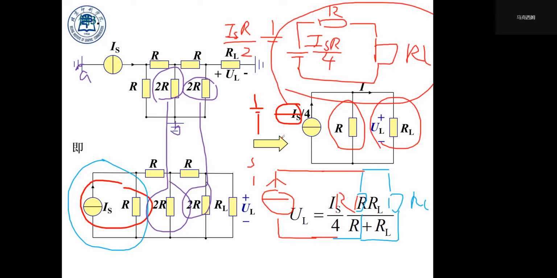But we could also do it another way. We see this is a T-shape circuit, and this also forms a delta-shaped circuit. So we could also use the delta-Y transformation to do this job.